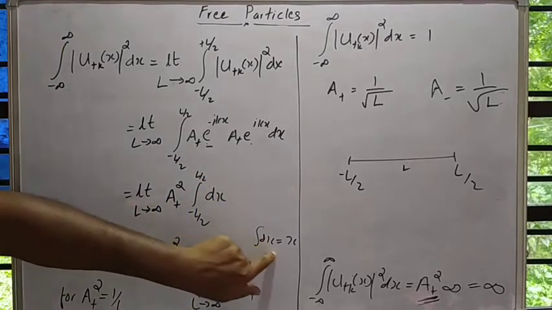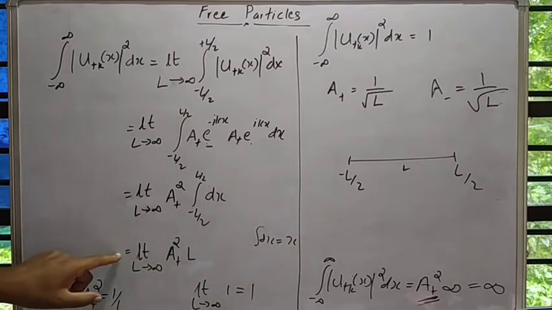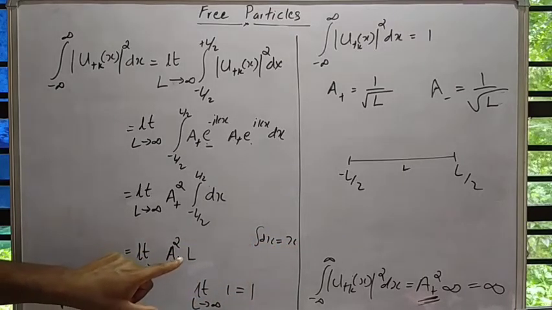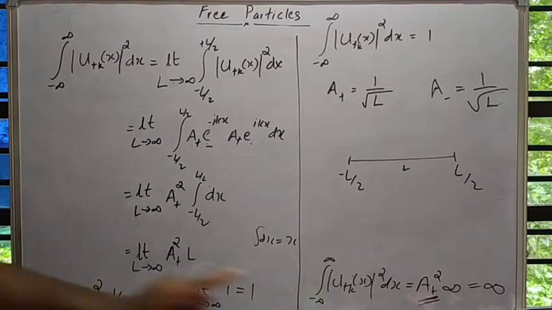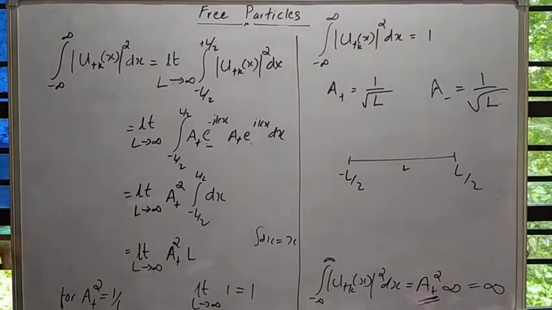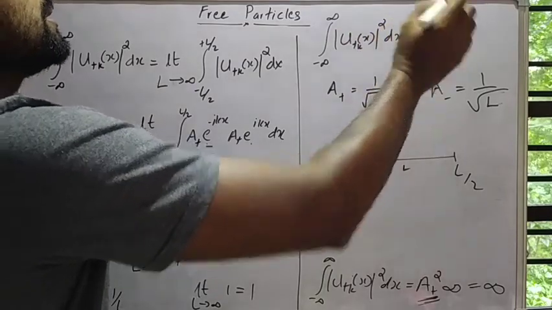The integral of dx is x, and applying the upper and lower limits, we get the limit as L tends to infinity of A plus square into L. If we take A plus square equal to 1 over L, then 1 over L into L is equal to 1. So somehow we managed this problem, that is the integral from minus infinity to plus infinity of u plus k of x whole square dx is equal to 1.